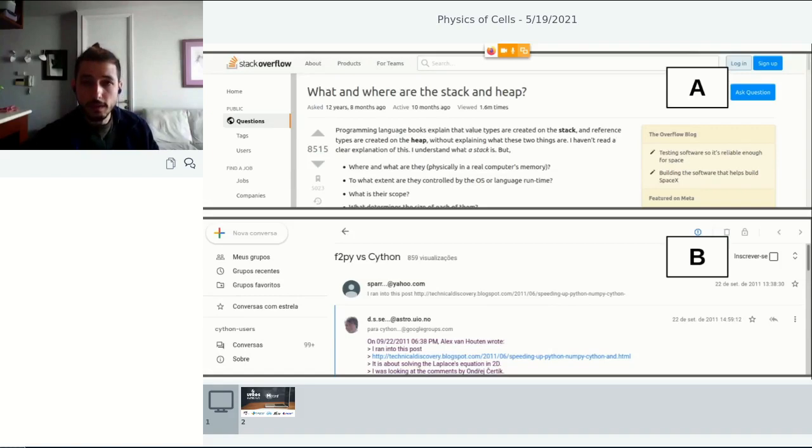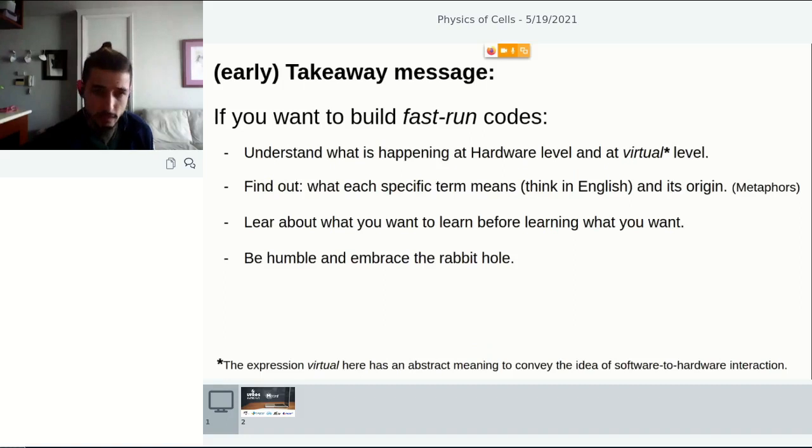And what you see sometimes in these types of forums like Stack Overflow is people being very arrogant and teaching things wrong. So that comes to the other topic about computers, which is to be humble and embrace the rabbit hole.